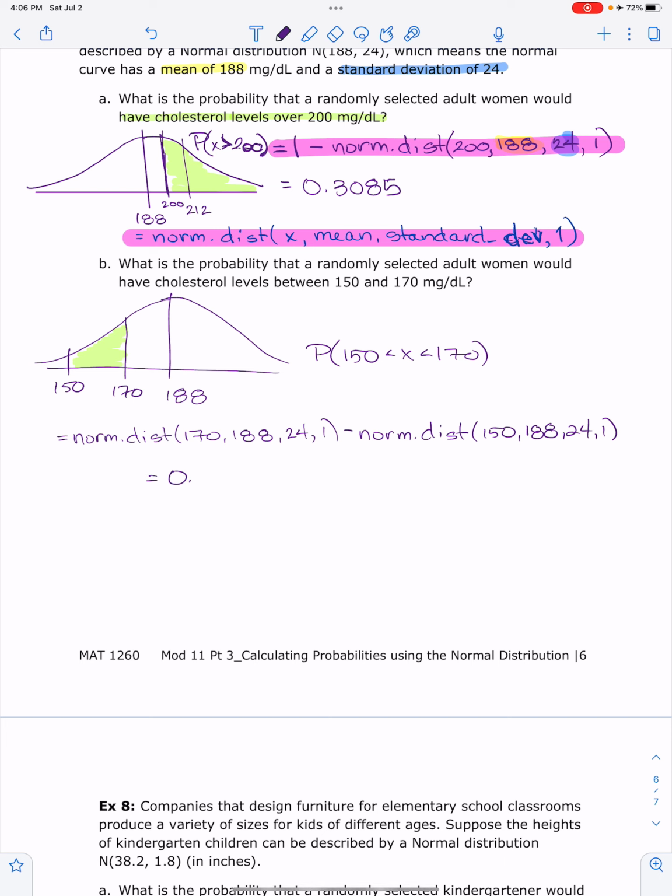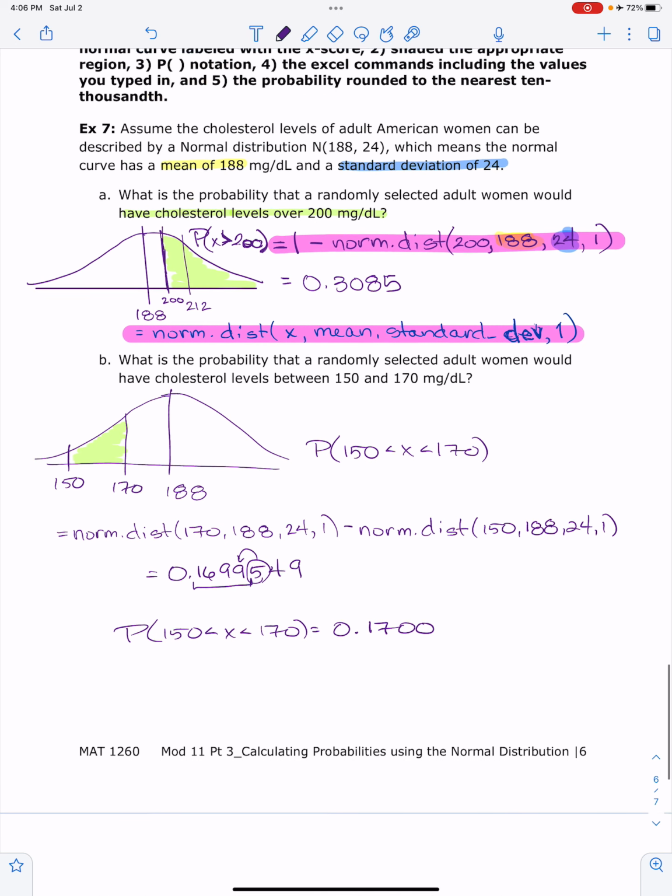Here I get 0.1699549. Just that reminder, we want 4 places. Taking a look at the fifth, that 5, which means this rounds up to 10, which means we round up to the other one. That rounds up to 10. We got the probability that our cholesterol level is between 150 and 170 as 0.1700.